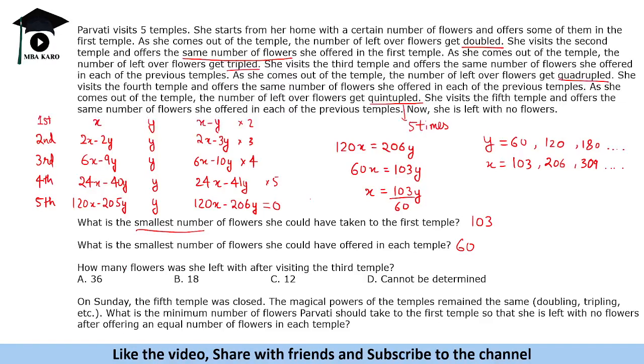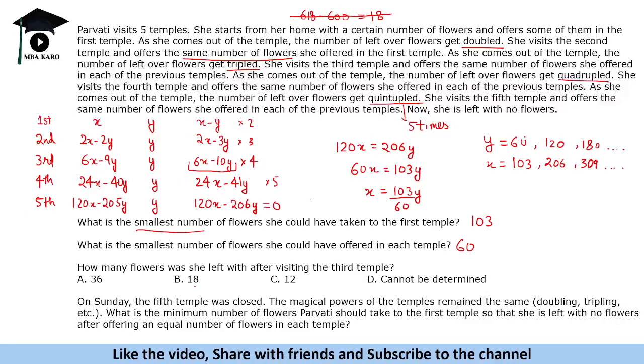Now the next question, how many flowers was she left with after visiting the third temple? Right? Now after the third temple we get 6x minus 10y. What people would do in this case is they will say x is 103, so that is 618 minus 600, and say the answer is 18, which is one of the options, but that is not the right answer.